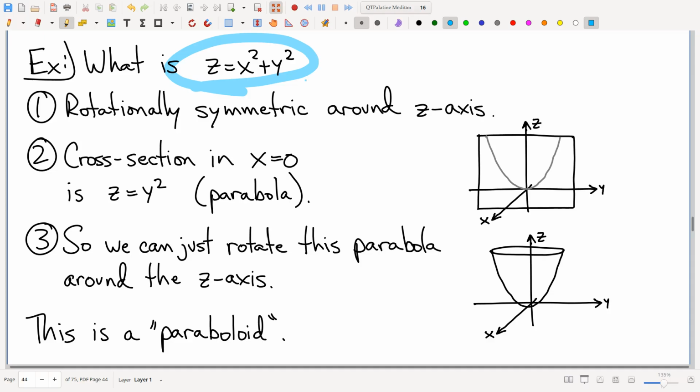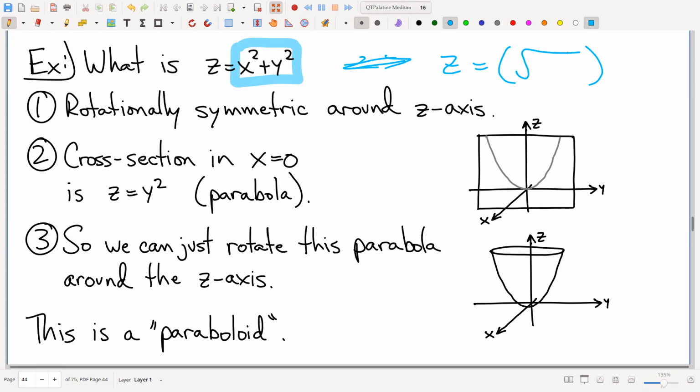So here's my process. First, check it out. X and y appear only in the required form. Now you may quibble, and you are right. Technically, there is no square root written in there. But keep in mind, what I've written there is equivalent to z equals the square root of x squared plus y squared, squared.